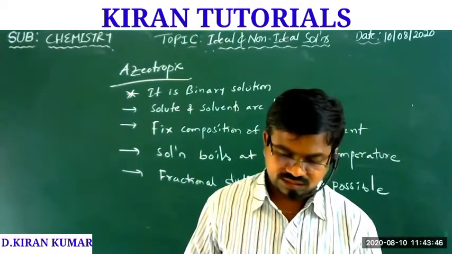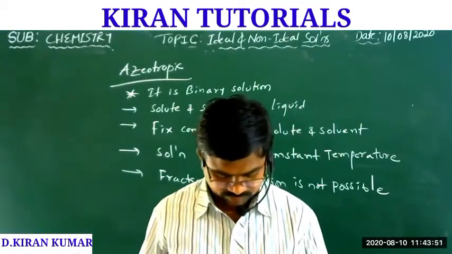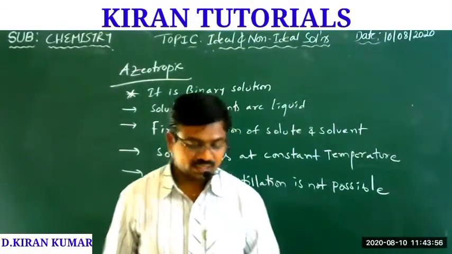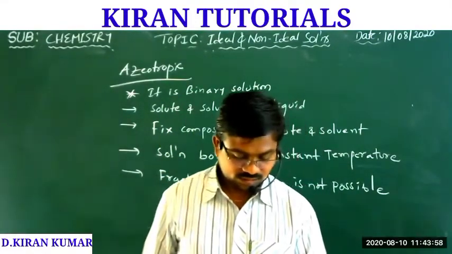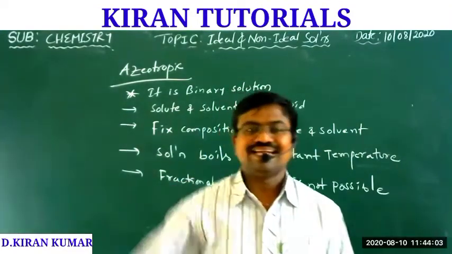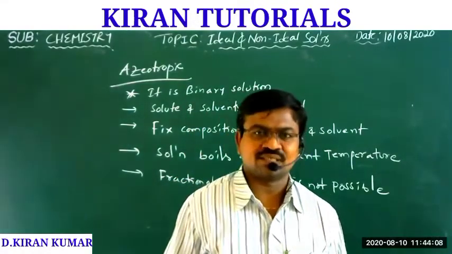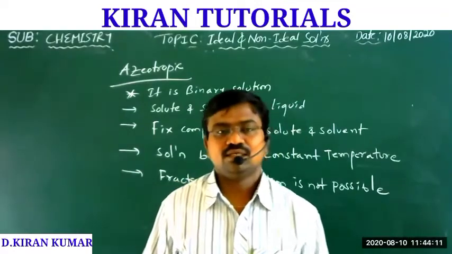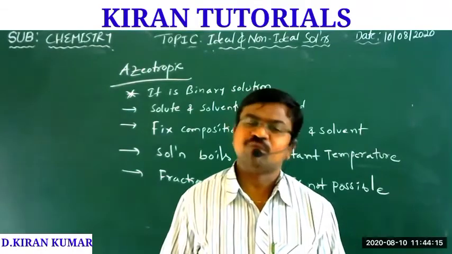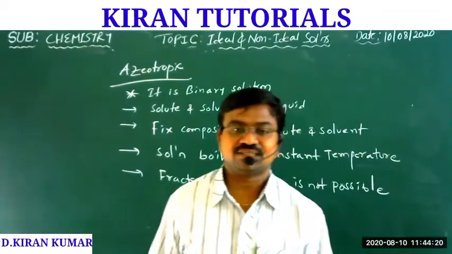Which of the following is a colligative property? Actually, it is the next topic. Colligative properties are relative lowering of vapor pressure, depression in freezing point, elevation in boiling point, and osmotic pressure. So the second option, that is osmotic pressure.